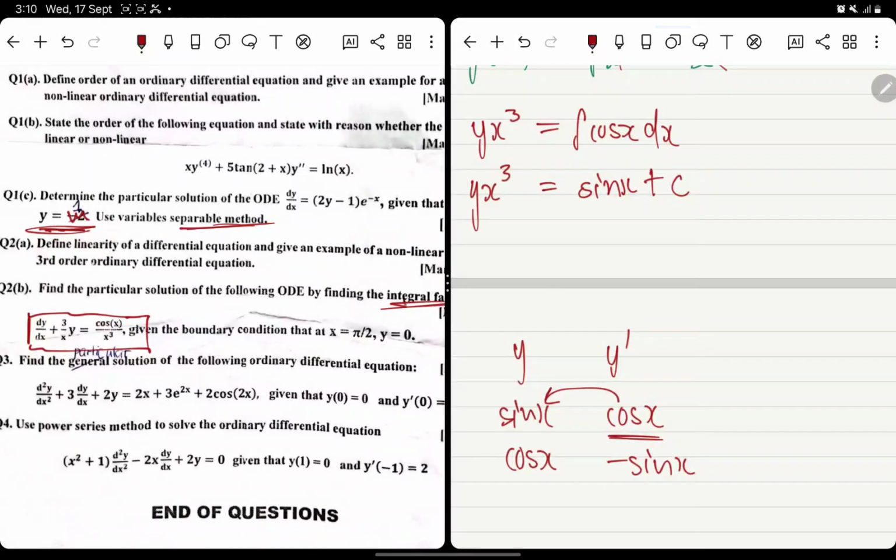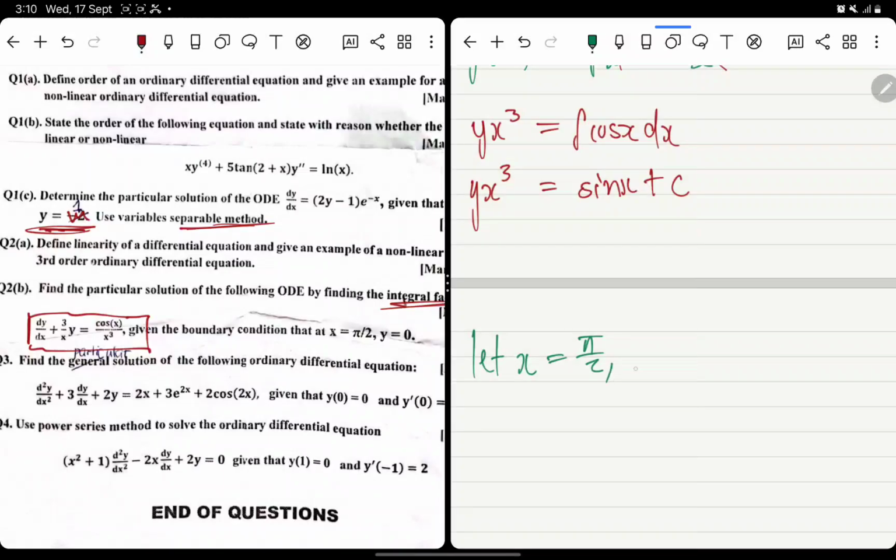Now you put your constant of integration c, and now you have to find it. Once you find it, you're done. This is so simple, right? So let x be equal to pi over 2, y is 0. Let x be equal to pi over 2, then y equal to 0. So you're going to have 0 times pi over 2 cubed is equal to sine pi over 2 plus c.